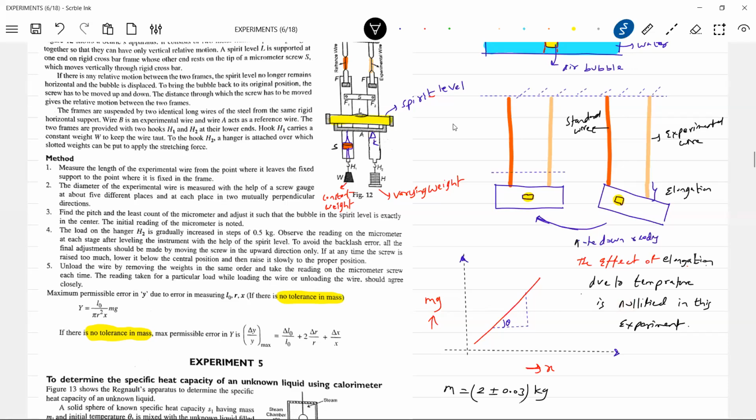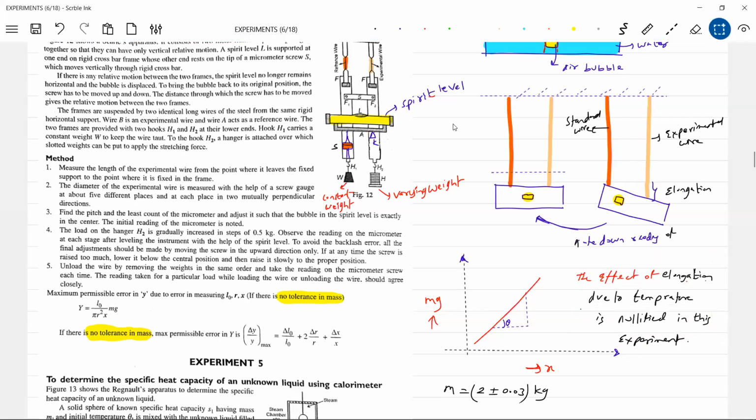Note down the reading of the micrometer after leveling the spirit level.